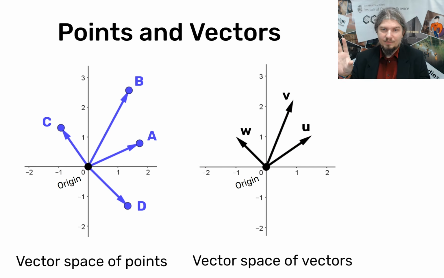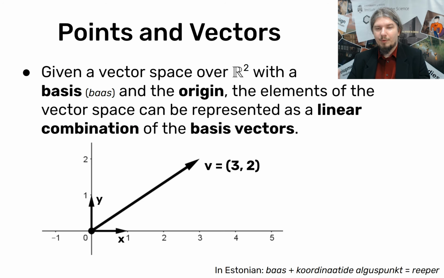And maybe you have learned this definition already, that given a vector space over, let's say, a two-dimensional field of real numbers with a basis and the origin, the elements of the vector space can be represented as a linear combination of the basis vectors. Now, these are all important terms here, and in computer graphics we'll use them a lot.